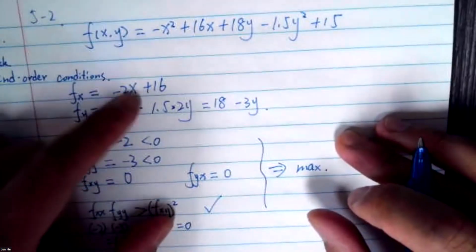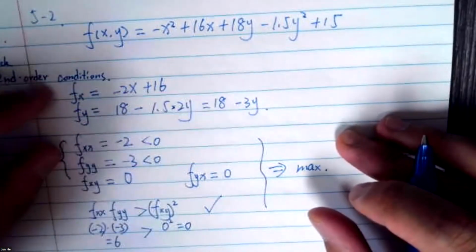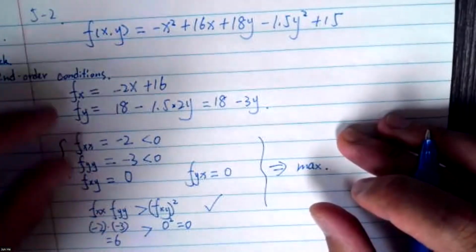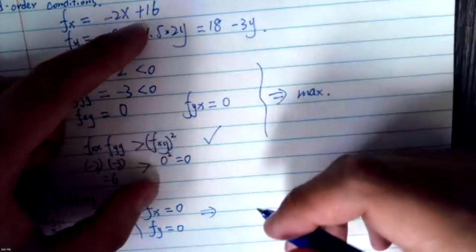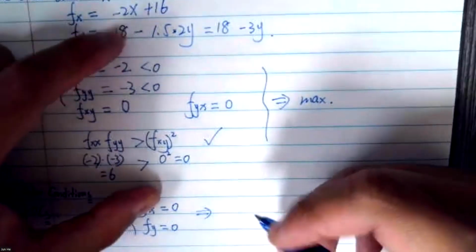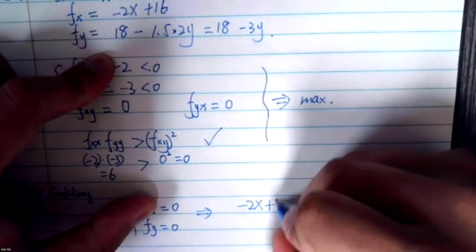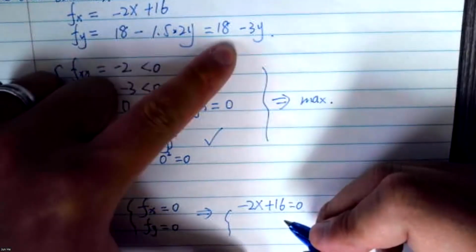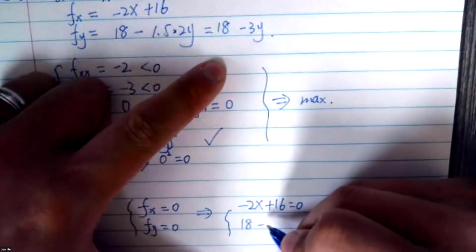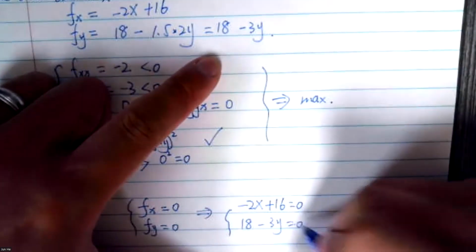So we need to invoke the previous result. That's why I'm writing things down here. What you need to do is just copy down: f partial on x, the first one, is minus 2x plus 16 equal to 0. F partial on y is 18 minus 3y equal to 0.